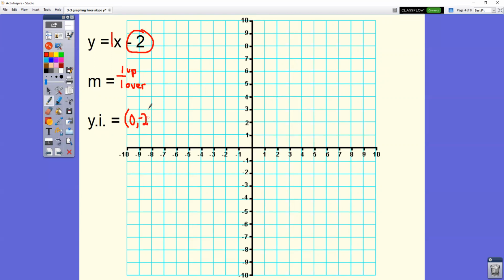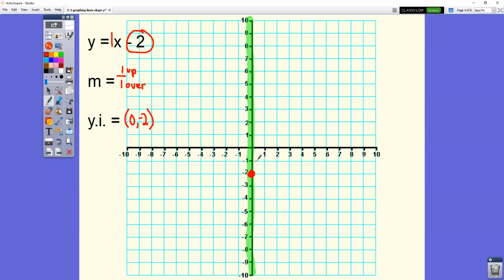So this one happens to be negative. Now remember, that first dot is always somewhere on the y-axis. So this first dot is at 0, -2. 0, -2 is down here. So now starting at that dot, we need to follow this pattern twice.